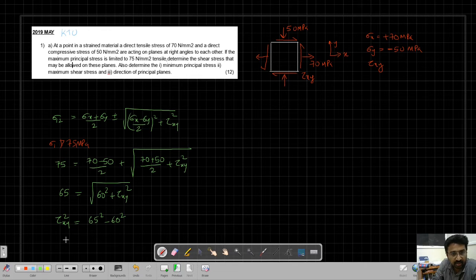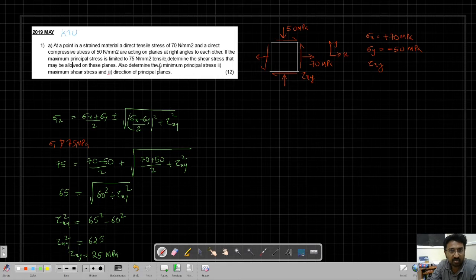So tau xy is under root of 65 square minus 60 square. This comes out to be 625 for tau xy square. So that means tau xy is 25 MPa. So this is the first part. The shear stress here should be 25 MPa, so that the maximum principal stress is 75 MPa.